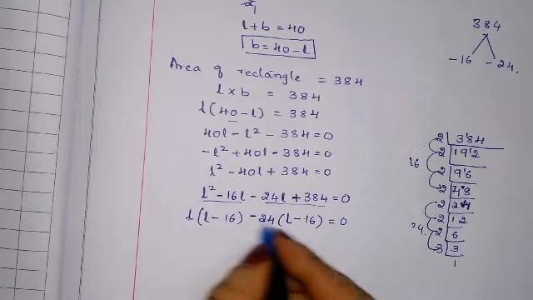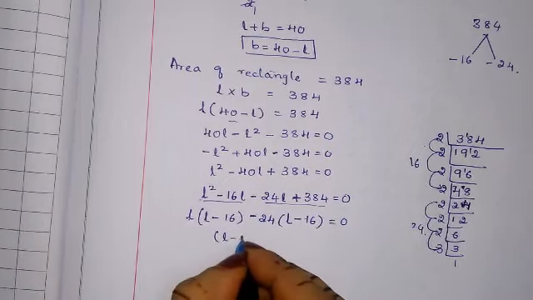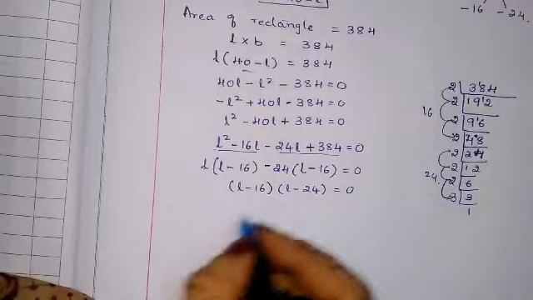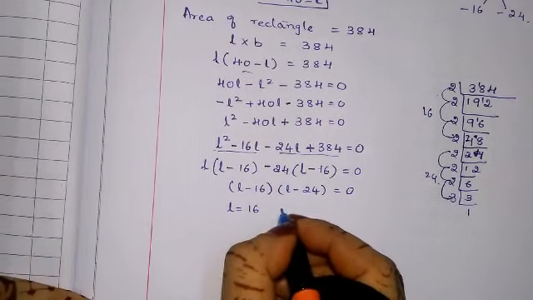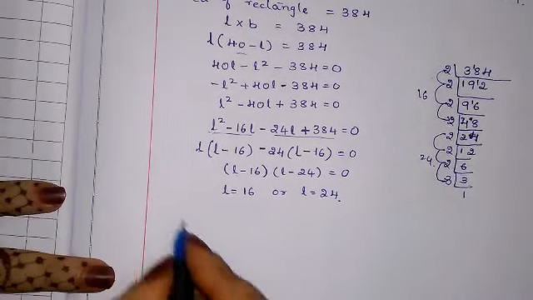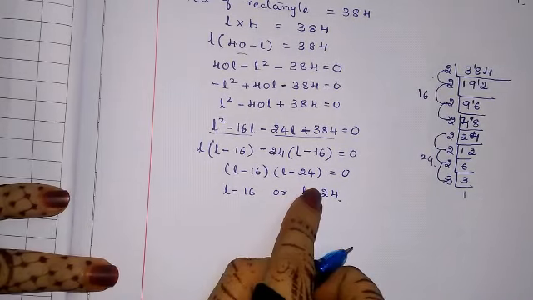So L minus 16 is common, in the bracket outside, L minus 24 equal to 0. Therefore L is equal to 16 or L is equal to 24. Now here we got two positive numbers.